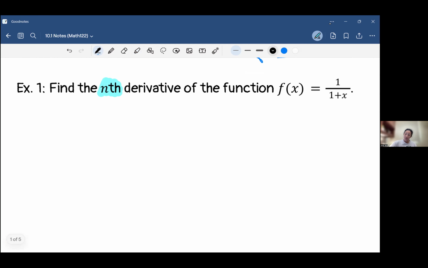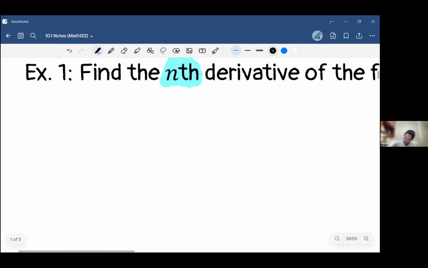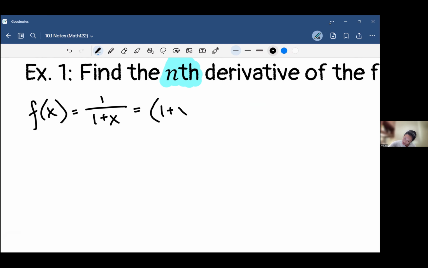Here's what we're going to do. We're going to start by writing our function. Instead of writing it as 1 over 1 plus x, we're going to write this as (1 plus x) to the negative 1 power.